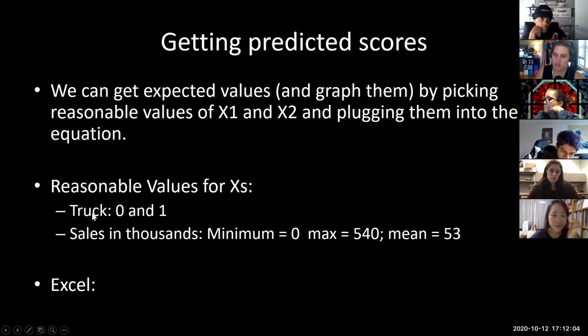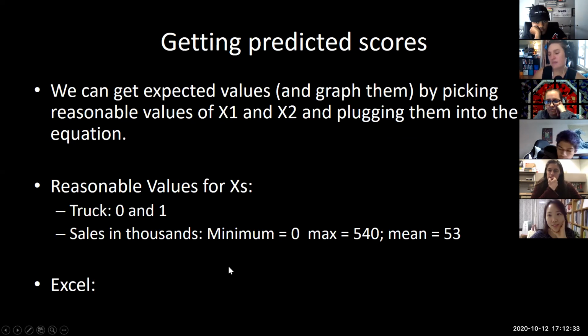The reasonable values for trucks are 0 or 1, 0 being cars, 1 being trucks. And reasonable values for the other x are sales in thousands. If I look at the SPSS file, the minimum there was 0 and the max was 540. The mean was 53,000. Well, that's kind of dumb. We have 0 sales. Why are we even predicting that?